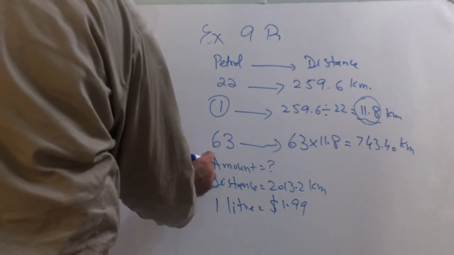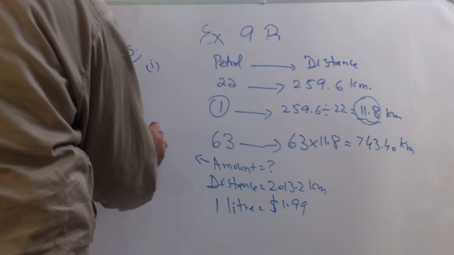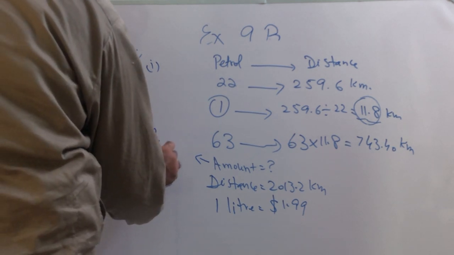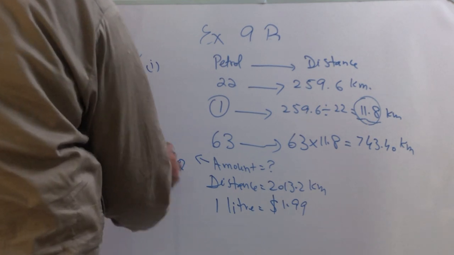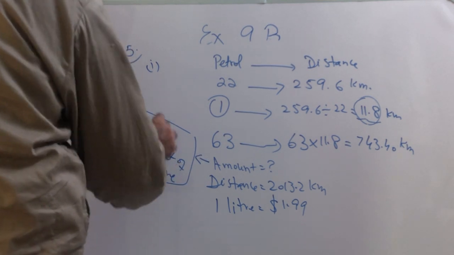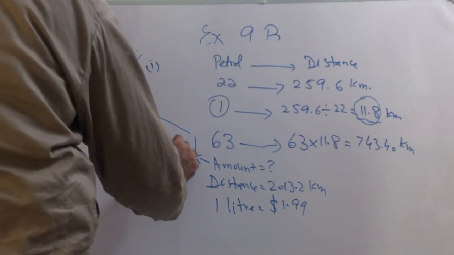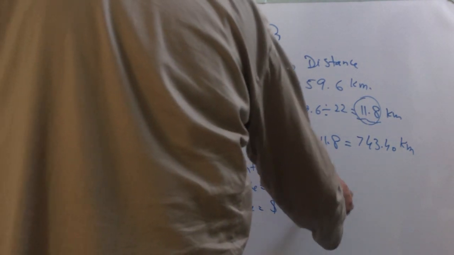So the amount is liters used multiplied by cost of 1 liter. Here we have the cost of 1 liter, but we don't have the liters used to cover 2013.2 kilometers.